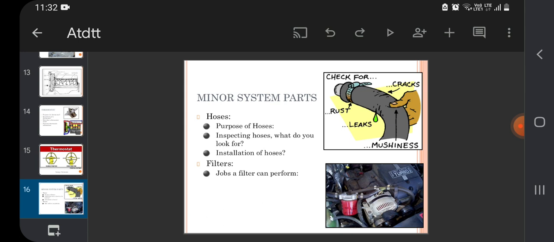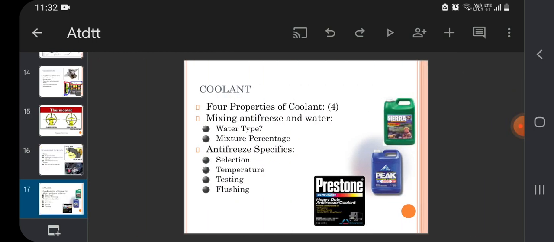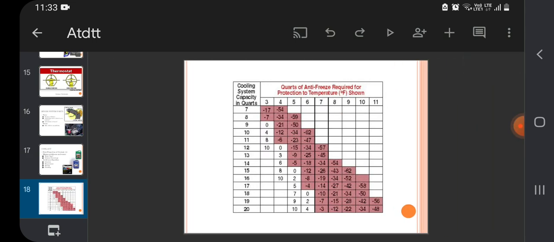First of all, a hose is just a pathway to flow a fluid. Coolant. Four properties of coolants: mixing antifreeze and water, mixture percentage, antifreeze specific selections, temperature testing and flushing. This is the table showing the cooling system and its capacity.